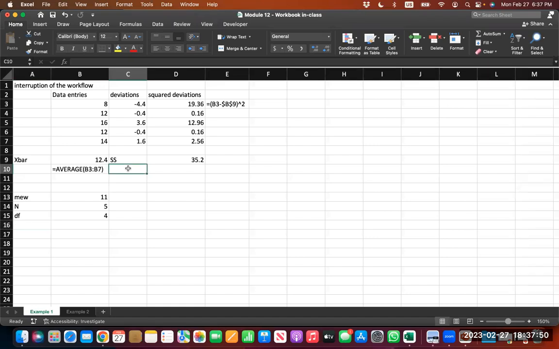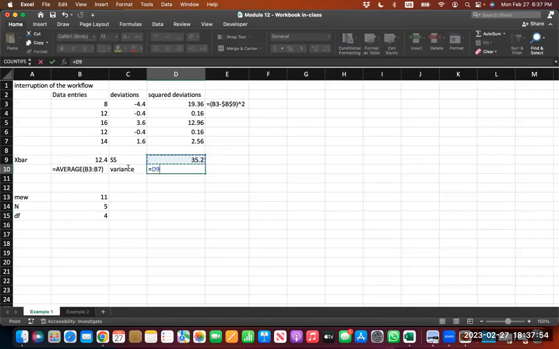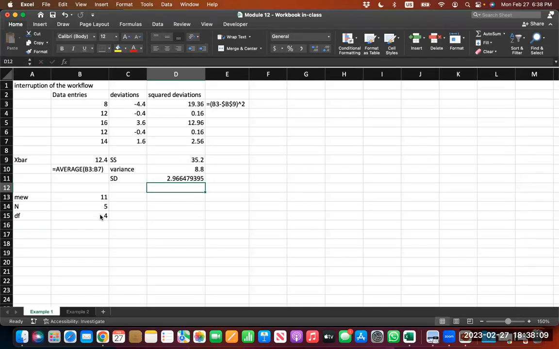And our sum of squares gets us to the variance. The variance is now our sum of squares divided by the degrees of freedom, 8.8. Our standard deviation is now the square root of 8.8. It's 2.97. So that's our standard deviation.